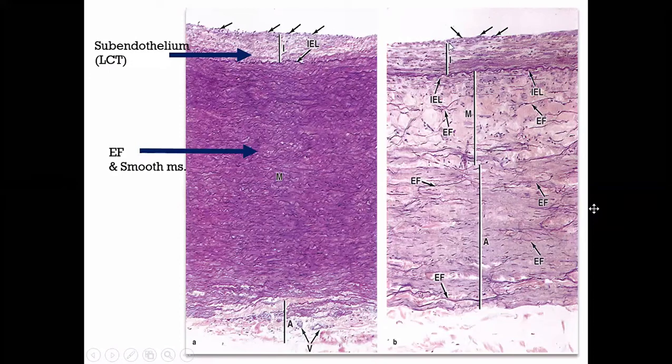You have the intima. You have your internal elastic membrane. This one is the tunica muscularis. The middle layer, tunica media, and then we have your tunica adventitia. There you are.